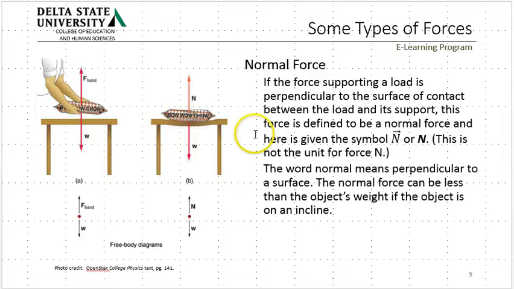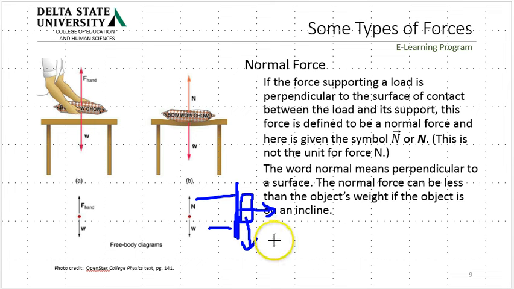And think about it this way. If we take this table and we turn it over, the tabletop no longer exerts a force on the dog food, right? So let me draw this for a second. If the table is like this, and you put the dog food here, since a normal force can only be perpendicular to the surface, there is no normal force anymore, because the weight of the bag is still pointing downward.